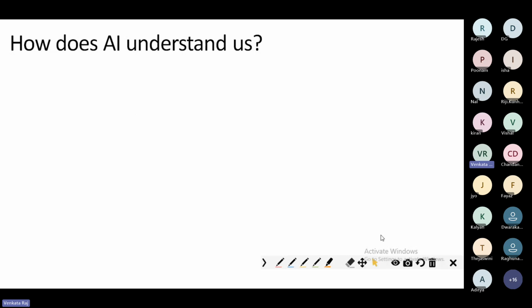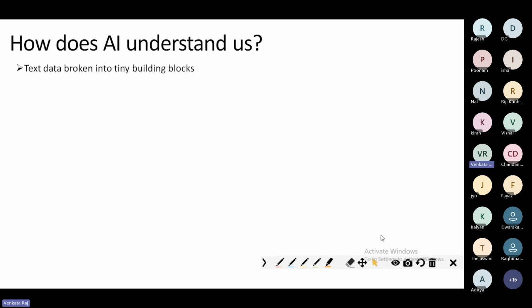How does this AI understand us? Whatever input we give to these models, how are they able to generate the output? How are they able to respond to us?